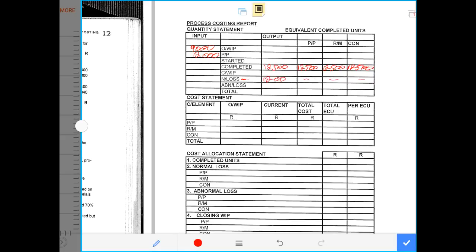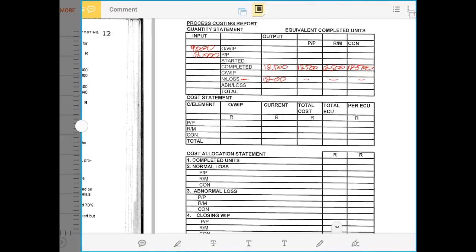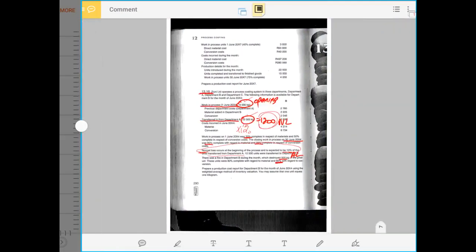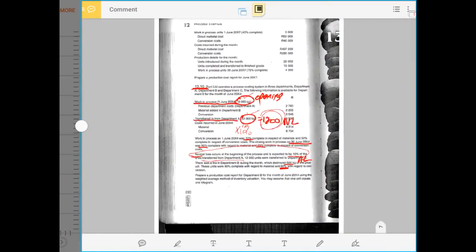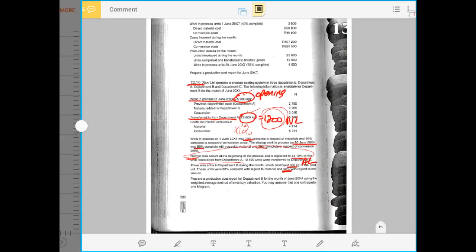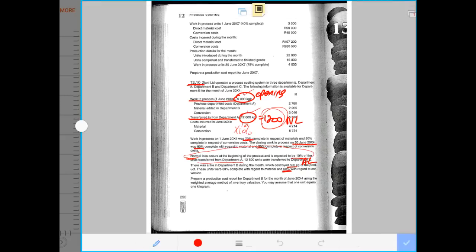And they told us that normal loss occurs at the beginning of the process. So if normal loss occurs at the beginning of the process, it simply means that normal loss is taking place at the end of the previous process, because the end of the previous process becomes the beginning of the current process. So now that means normal loss will only be recorded under the output column as 1,200, not to all other columns.